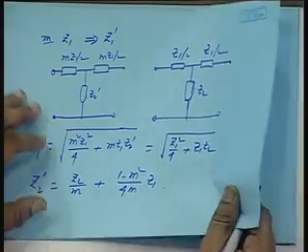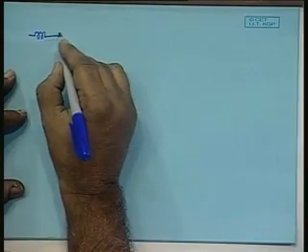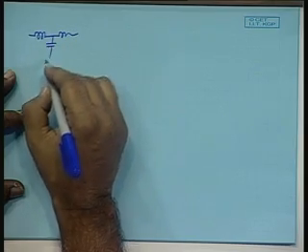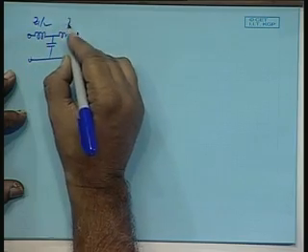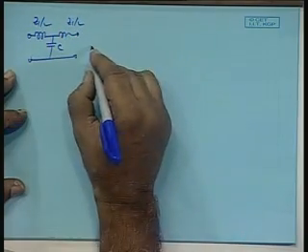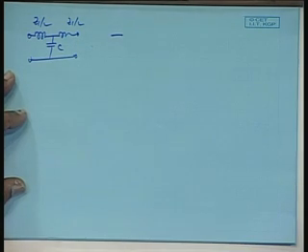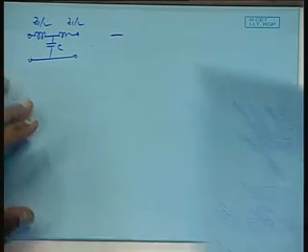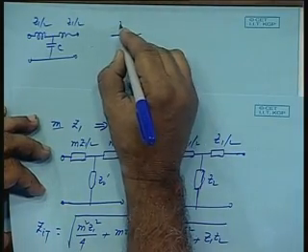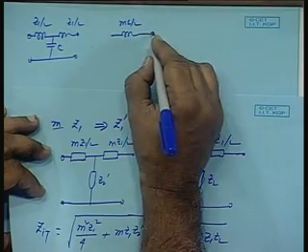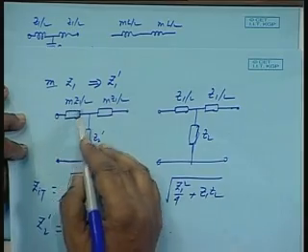That means, if I have a low pass filter with an inductance like this and a capacitance like this, where the series arms were Z1 by 2 each and this was C, we can have the M derived filter with M Z1 by 2, so it will be M L by 2, M L by 2, is it not? M Z1 by 2, M Z1 by 2.